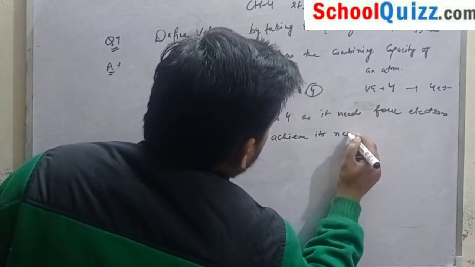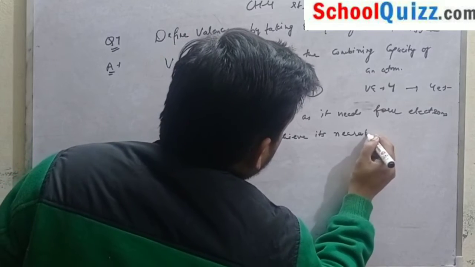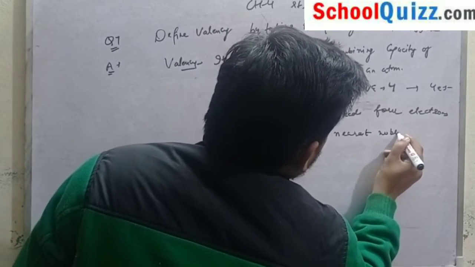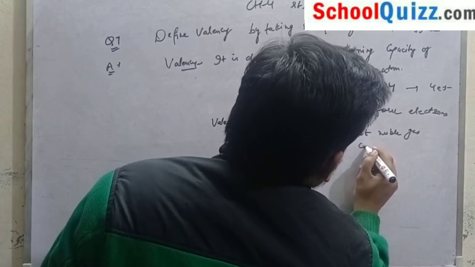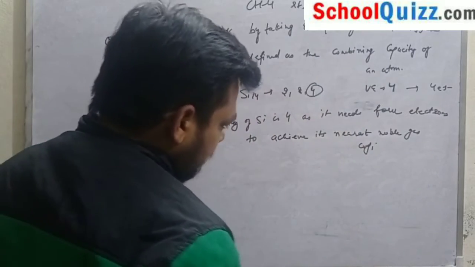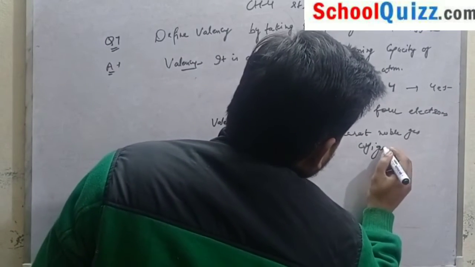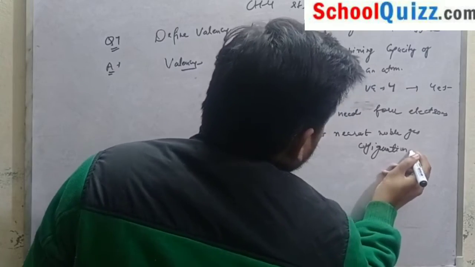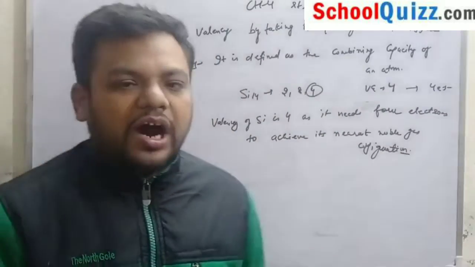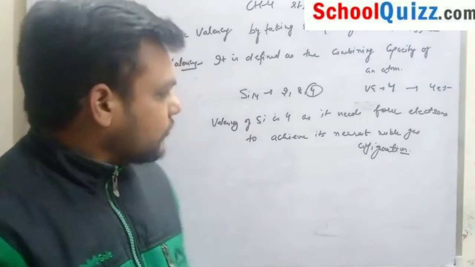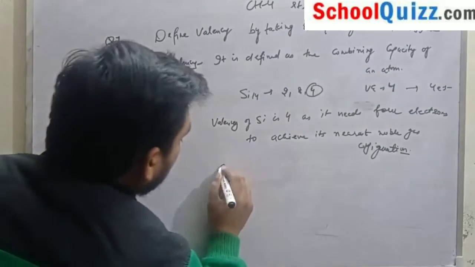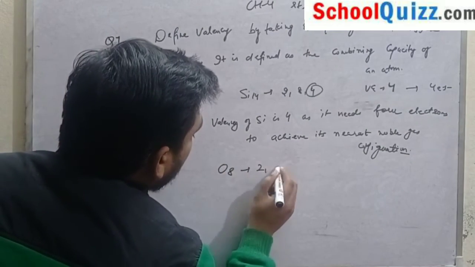The valency of silicon is 4, as it needs 4 electrons to achieve its nearest noble gas configuration, as we know, argon 18. If we talk about oxygen, atomic number is 8, that is 2,6.